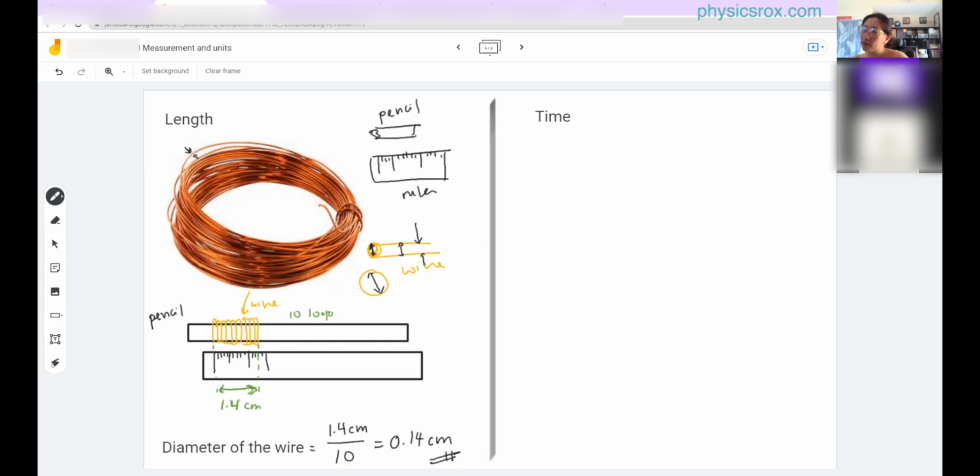Do you know the purpose of us doing this kind of loop? Just now my question was, I want to get the diameter of the wire. Can we take a ruler to measure or not? Cannot, right? You all told me cannot.